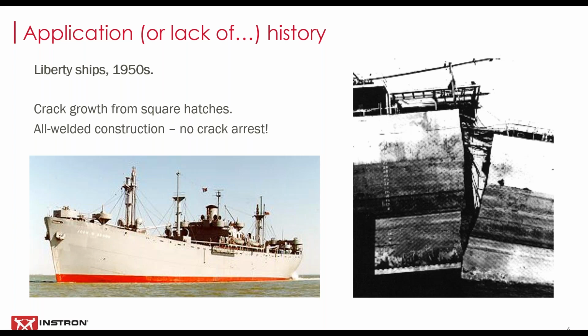Well, close enough as far as fracture mechanics is concerned. And there were square hatches, and as they went about the ocean, cracks developed, and then, as you can see in the right-hand picture here, the entire hull split in two. And there are pictures out there, if you go and search for them, of a number of these vessels, and they're literally split into somewhere near the center of the boat.